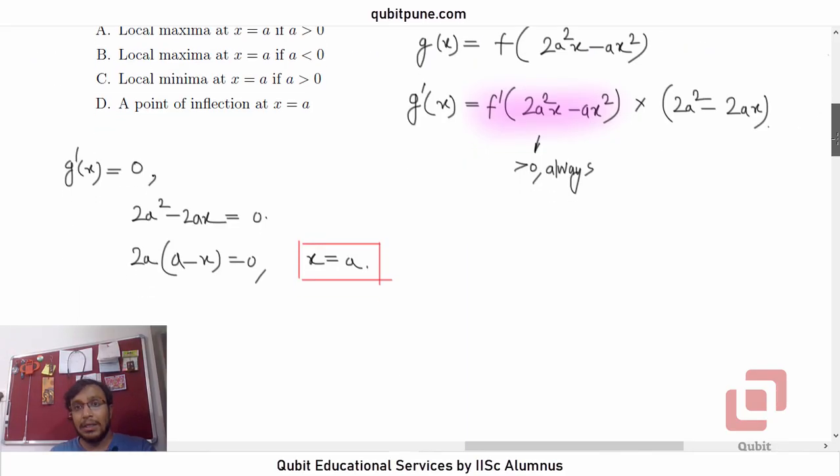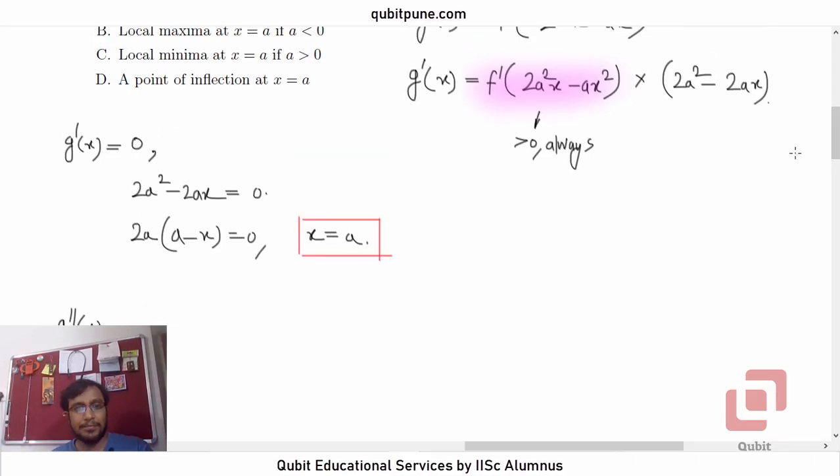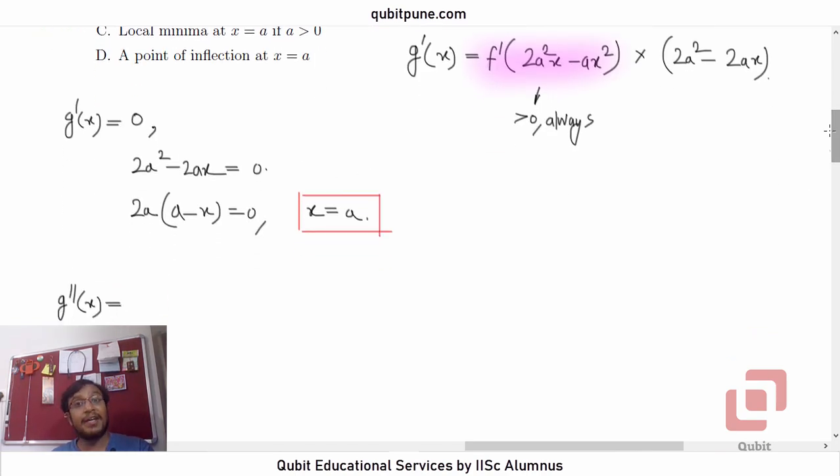Now let's take the second derivative of g with respect to x. We are required to differentiate g dash of x with respect to x. So we will now be applying the product rule of differentiation.